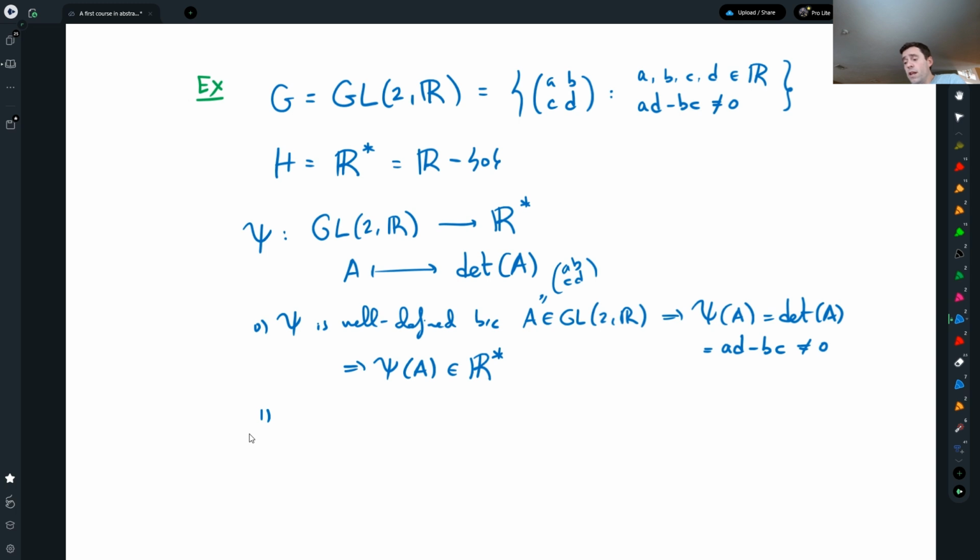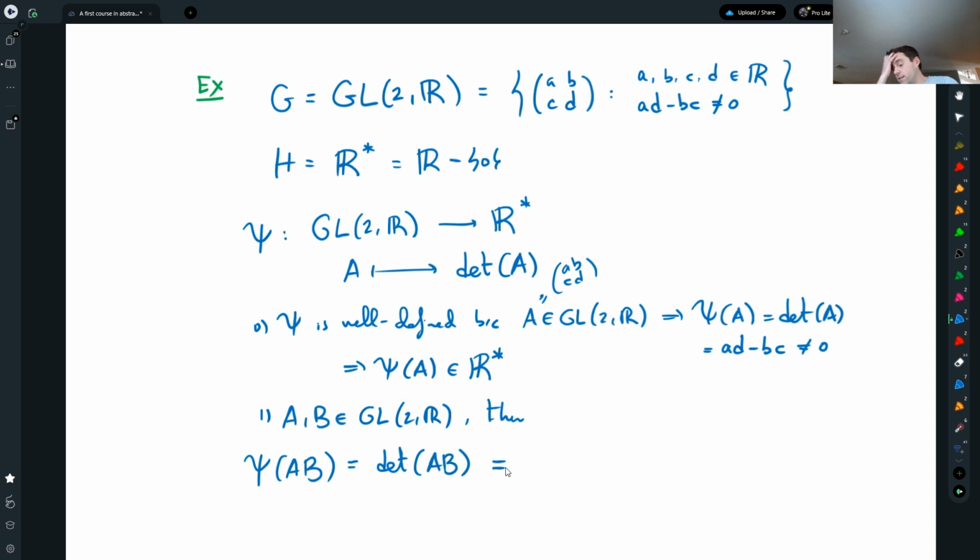Now, it is a homomorphism because let's see what happens. So if A and B are matrices, then what is psi of AB? The product, that will be the determinant of the product. But now a well-known equality is that the determinant is multiplicative. The determinant of a product is the product of the determinants.